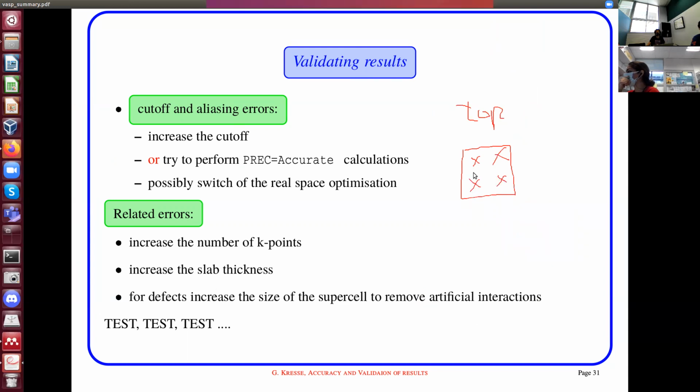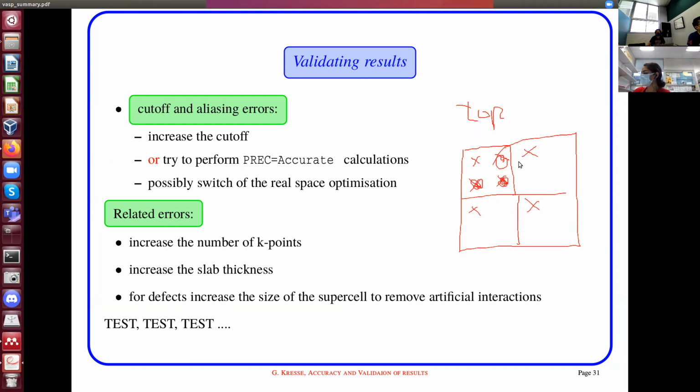In this case, it's like one monolayer coverage. I mean, this is not a physical system. So you multiply the cell, for instance, by 4. So now you have something like that. And then either you keep this 4 too, or you remove this one, and then you have just this one here, this one here, this one here.